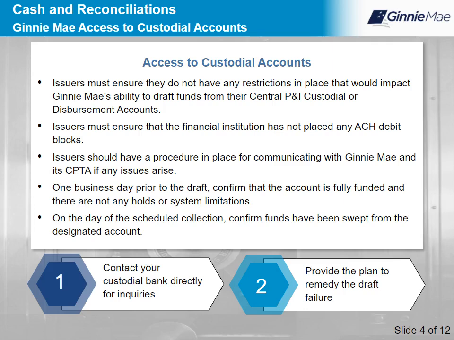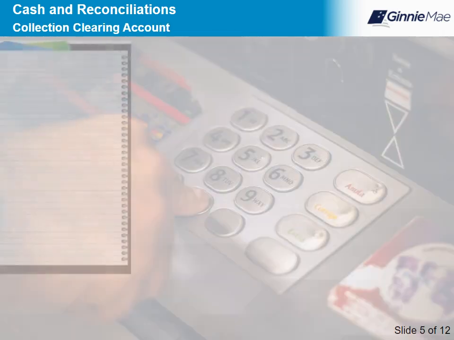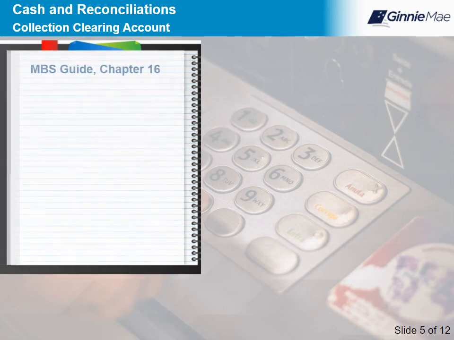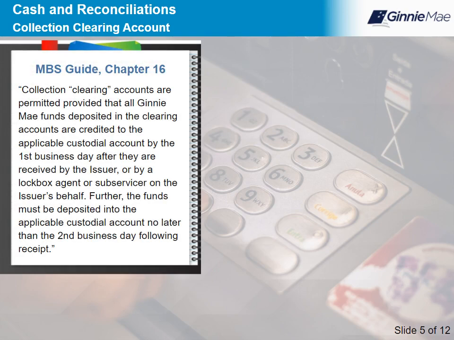Select Next to continue. As stated in Chapter 16, collection clearing accounts are permitted provided that all Ginnie Mae funds deposited in the clearing accounts are credited to the applicable custodial account by the first business day after they are received by the issuer, or by a lockbox agent or subservicer on the issuer's behalf.